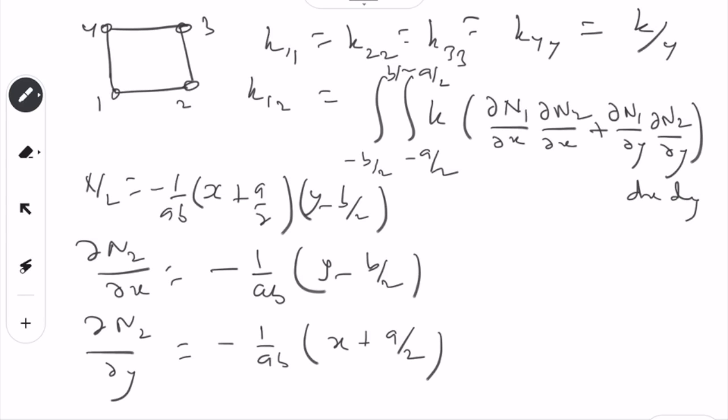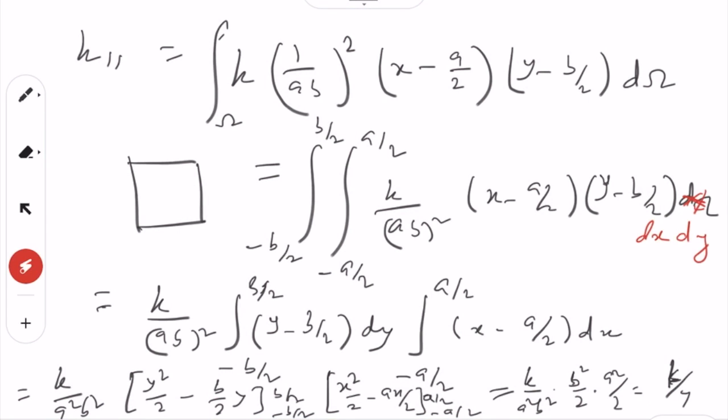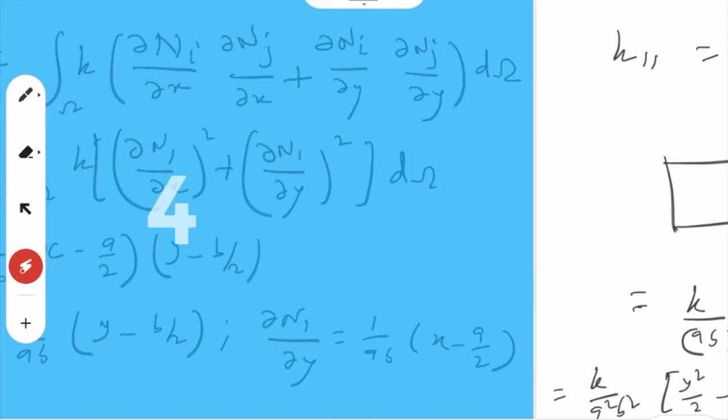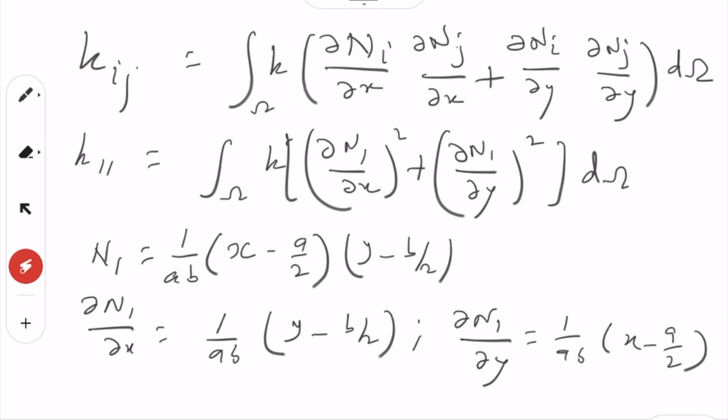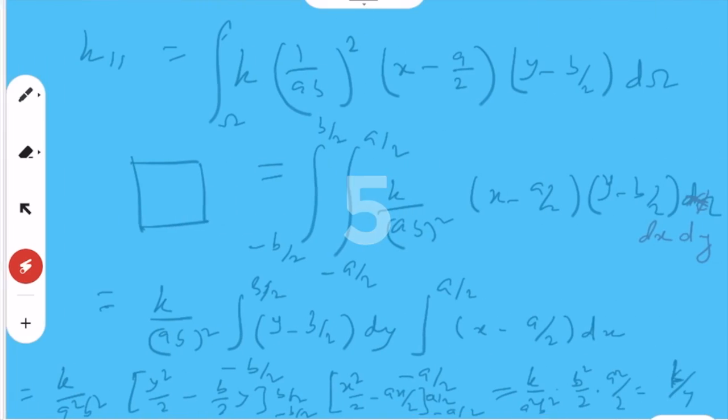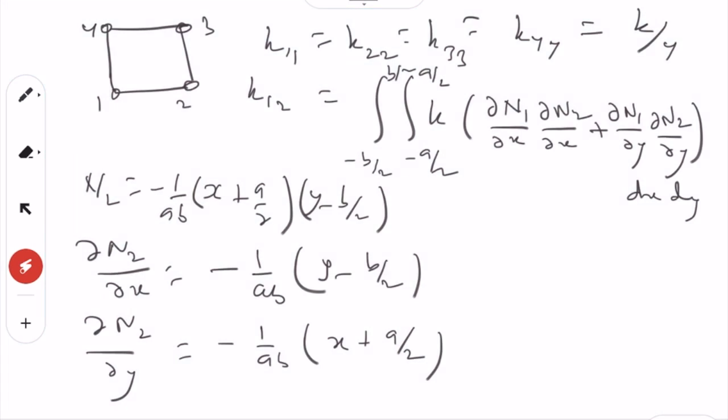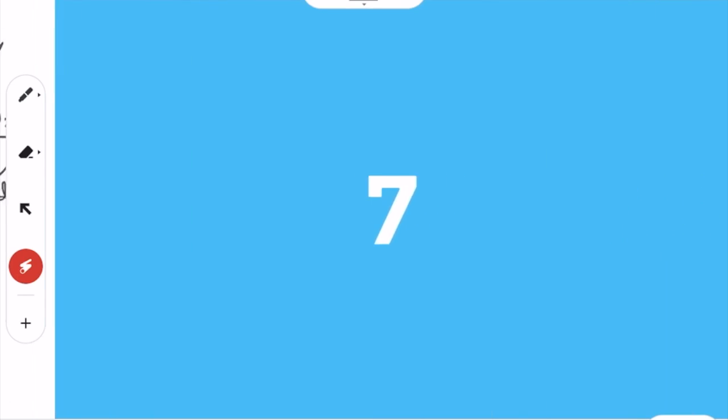So now we have del n1, so this value we can use directly. Both will be minus only, so we can accordingly use it. And in this case we have minus and like this.